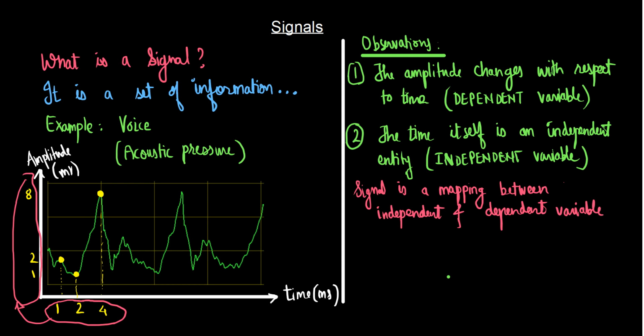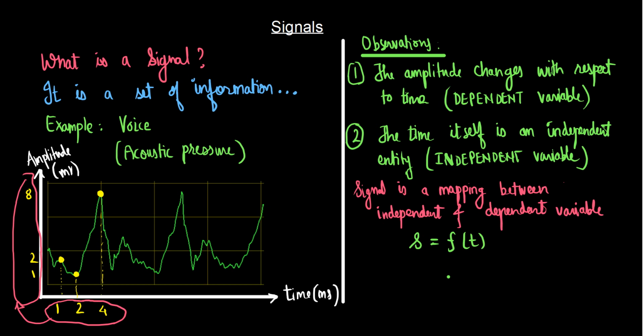We denote this mapping something like this: the signal S equals f of t. This is the notation for a signal.